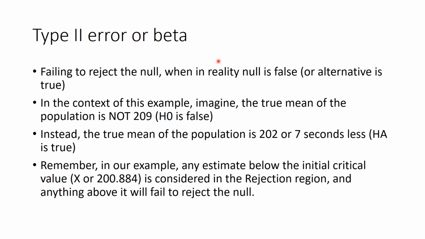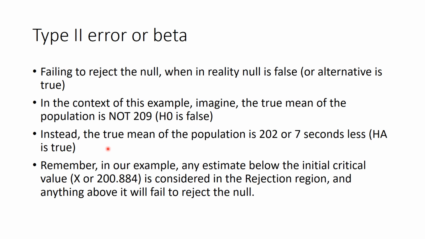What was type 2 error or beta? It was failing to reject the null when in reality null is false or alternative is true. In the context of this example, imagine the true mean of the population is not 209 seconds. So our H null is false.